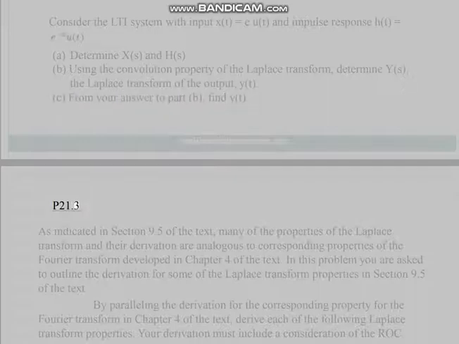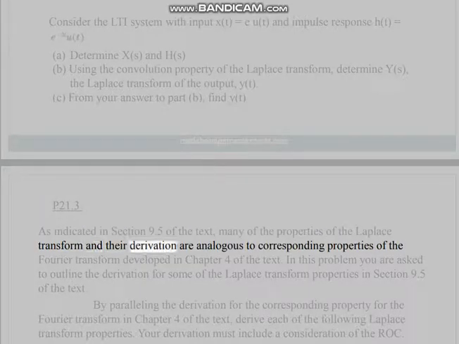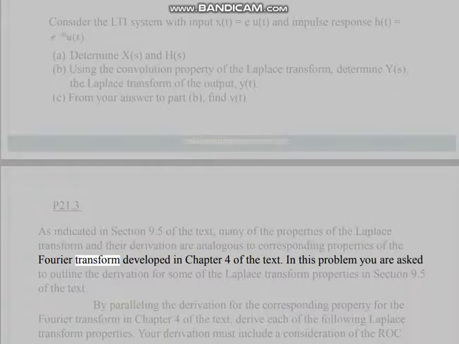P21.3. As indicated in section 9.5 of the text, many of the properties of the Laplace transform and their derivation are analogous to corresponding properties of the Fourier transform developed in chapter 4 of the text.